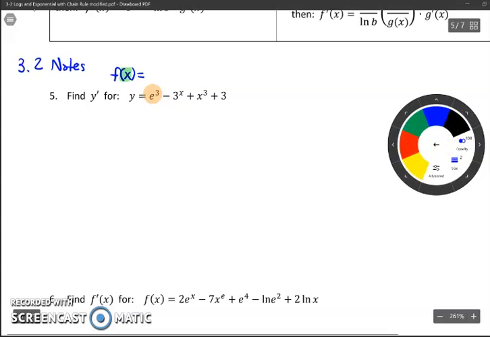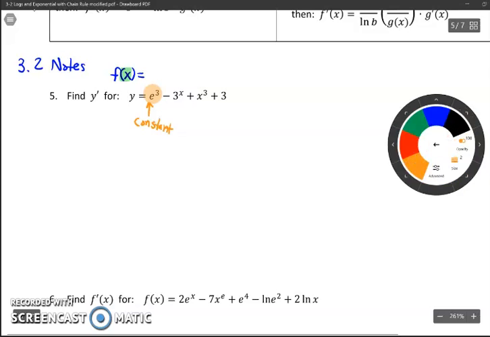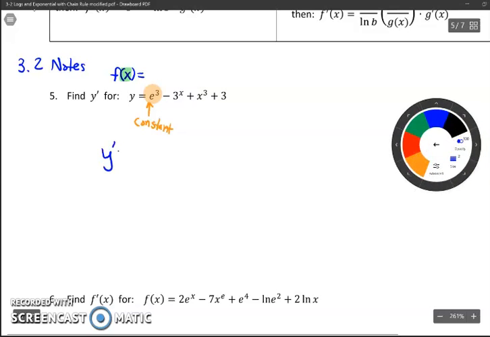Where's the input being sent in this first term? Nowhere. There's not an x in this first term. That means this first term is constant. And we know the derivative of a constant is 0. So boom, the derivative of e to the third is 0.